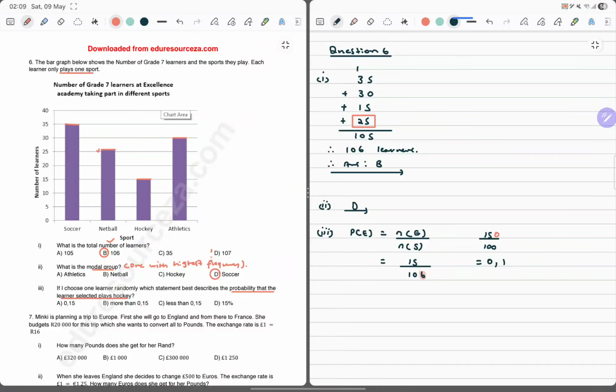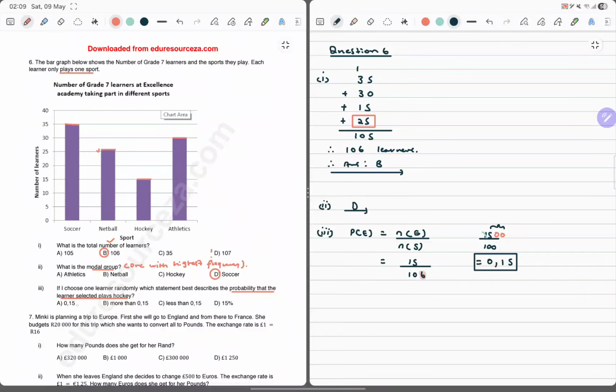It goes 1 time, remainder 50. Now, this 1 is slashed. So again, you add another 0. You ask how many times does 100 go to 500, because this is the focus now. Now it goes 5 times. So we now know that 15 over 100 is equal to 0.15.